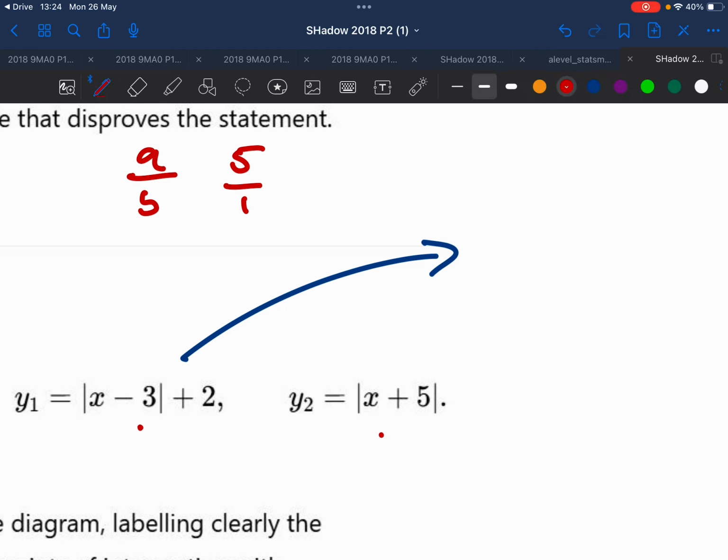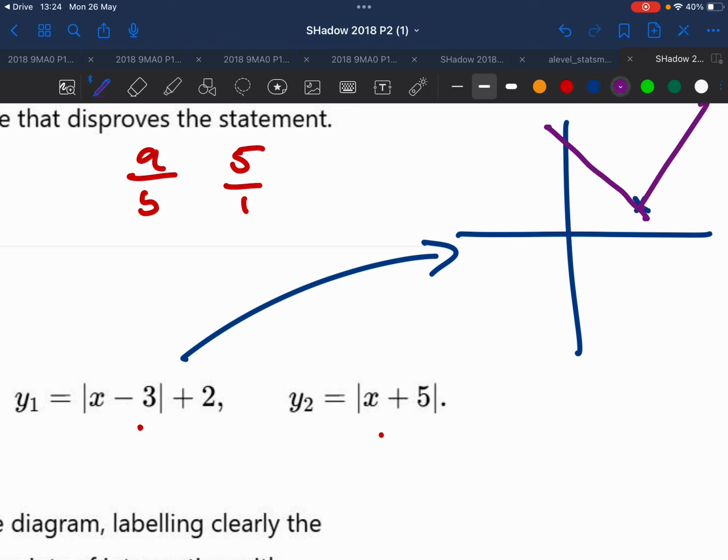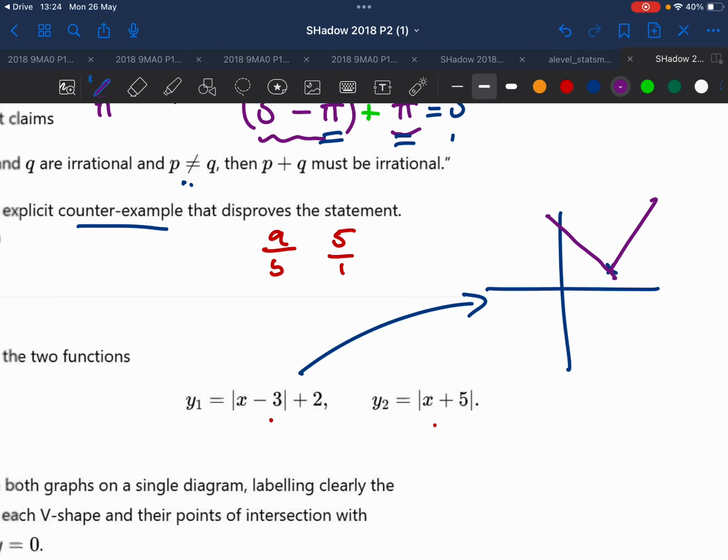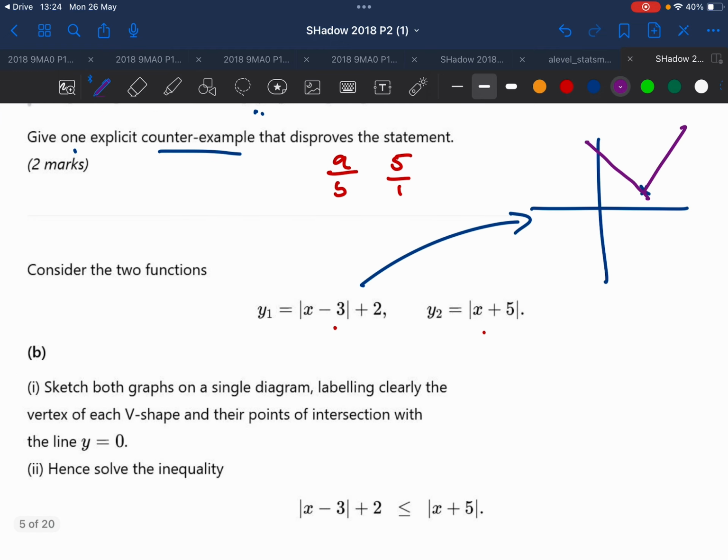So starting again, it's going to have a minimum of 3, and at 3, you'll get 3 minus 3, which will be 0 plus 2. So 3, 2 is going to be a minimum point, okay? So it looks like that. Did they want anything else?